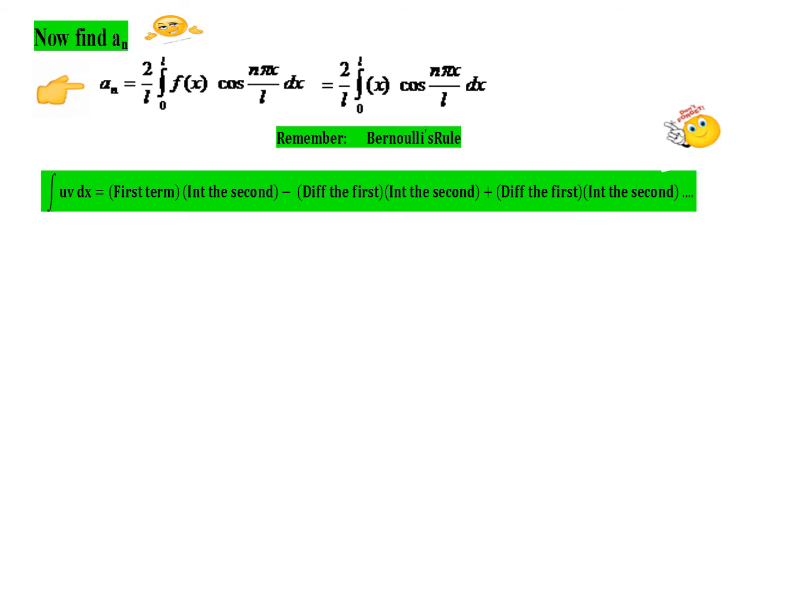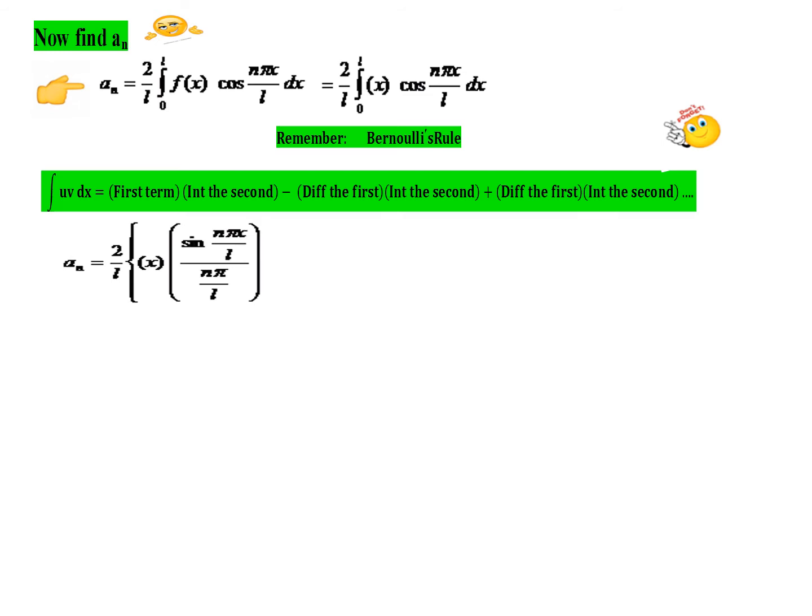Now let us apply this rule for this given integral. So 2 by L into, keeping the first term x, into integrate the second. So cos, when we integrate, we get sin n pi x by L divided by n pi by L, because cos ax, when we integrate, we get sin ax divided by a.